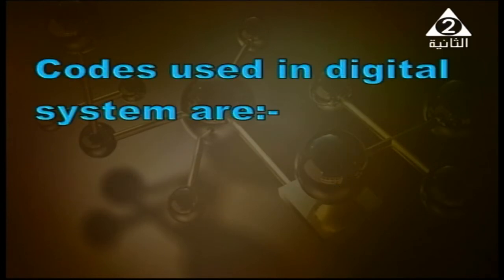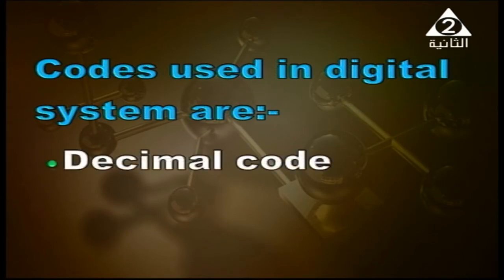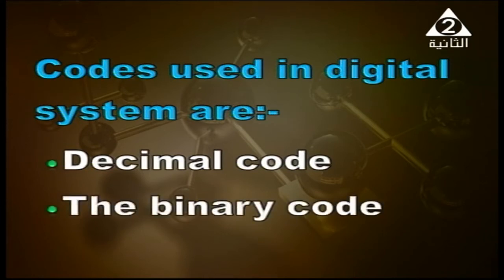Codes used in digital systems are, first of all, decimal code and the binary code. Decimal means it consists of 10 digits. Binary means it consists of 2 digits. So once again, codes used in digital systems are decimal and binary.